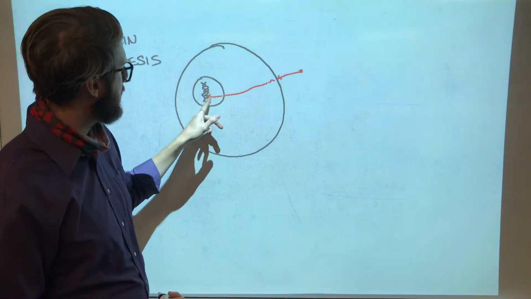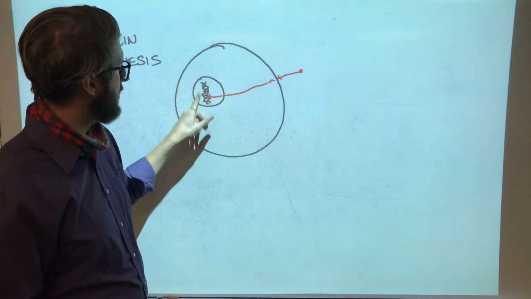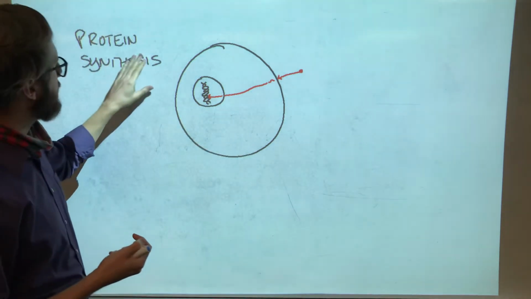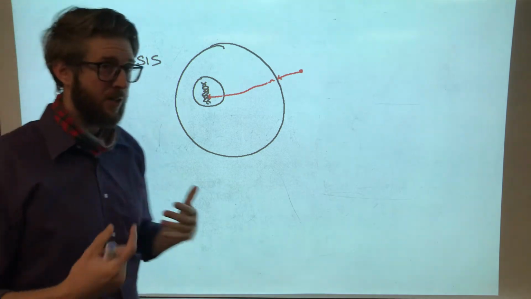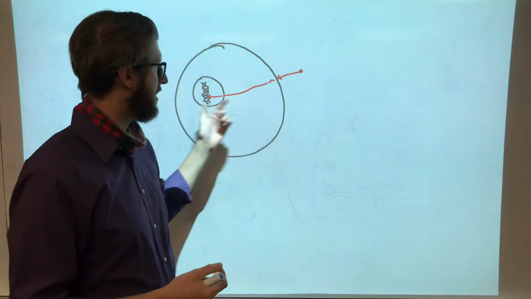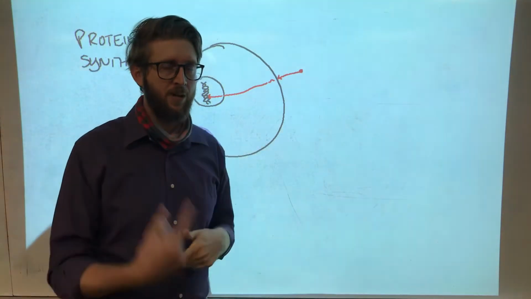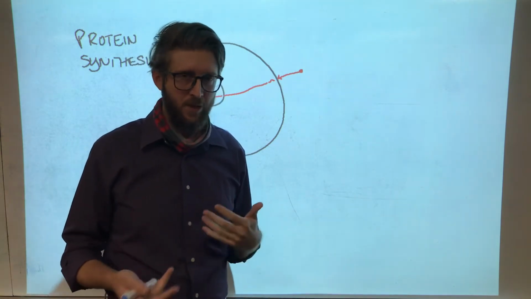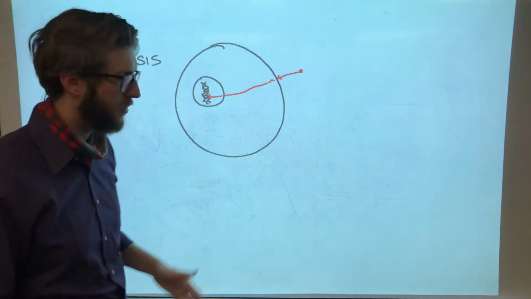So when this virus DNA gets into the nucleus of the cell, your body does protein synthesis just like it always does, but instead of making human proteins, it's making virus proteins. Not knowing or not realizing what it's actually doing, until it's too late, of course.